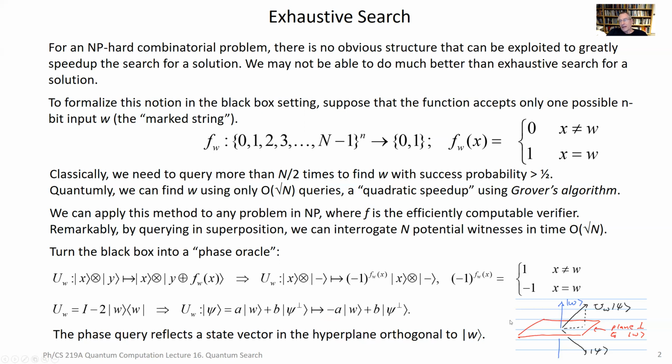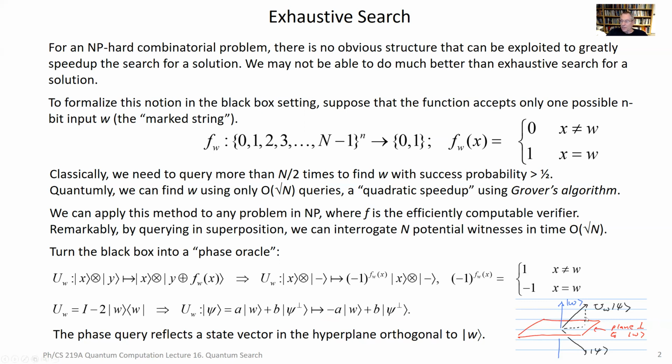So you can think about that geometrically in the following way. If we imagine there's some direction in Hilbert space, which is picked out by the orthonormal basis state w, and then there's a hyperplane perpendicular to it, which contains all the vectors which are perpendicular to w, the components that are perpendicular to w are unaffected.